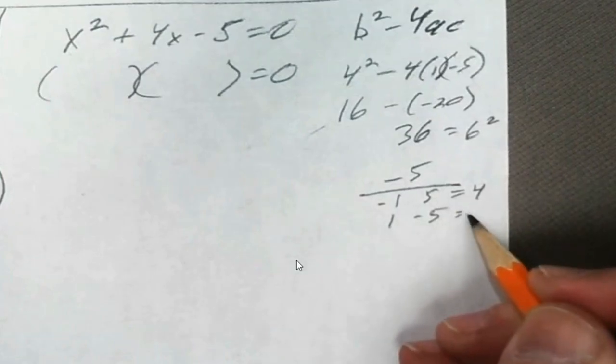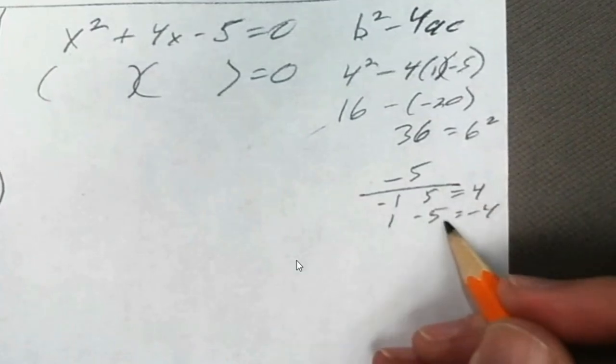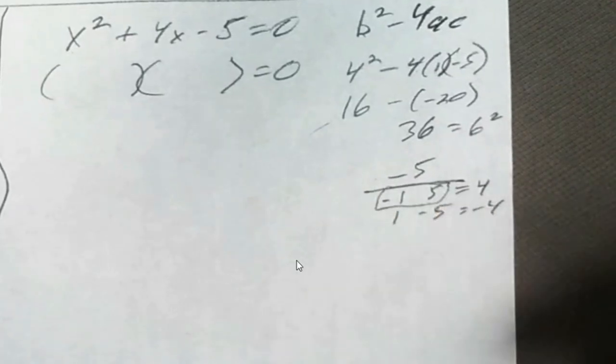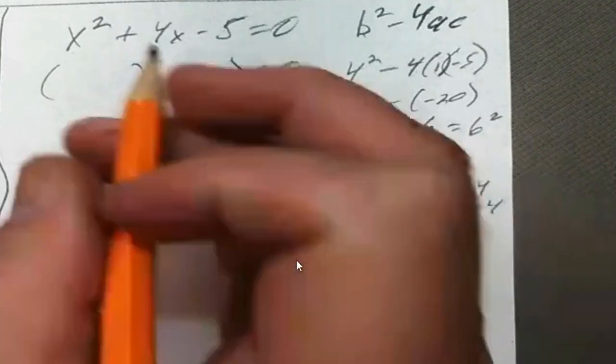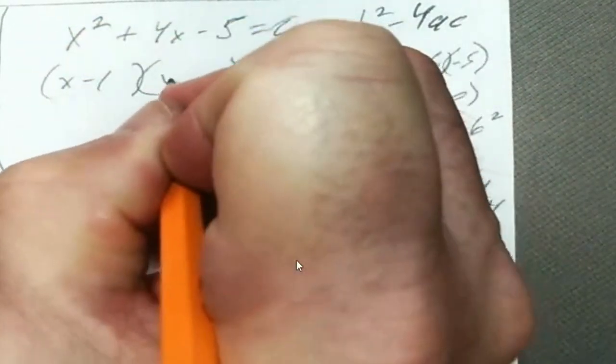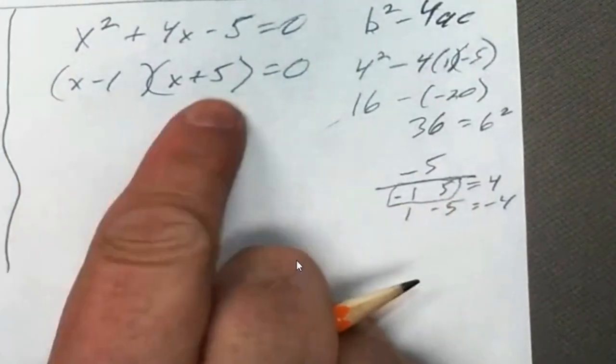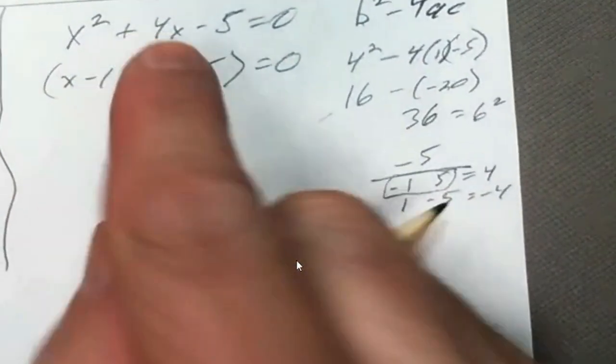This one is -4, right? +1 plus -5. So the product that we need is -1 times 5. So x minus 1, x plus 5. When those add together, -1 plus 5, we get the 4.